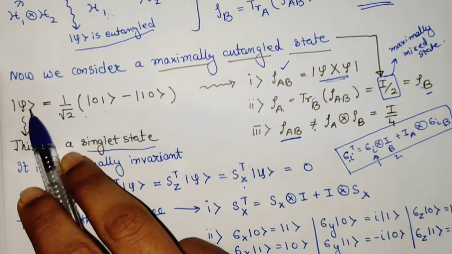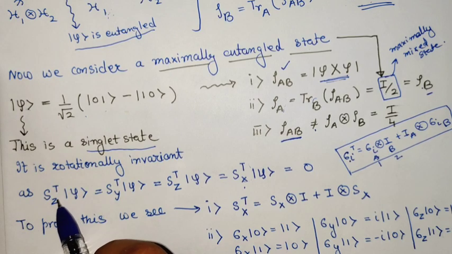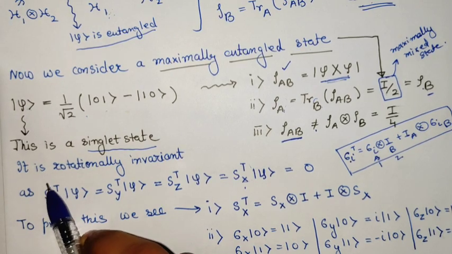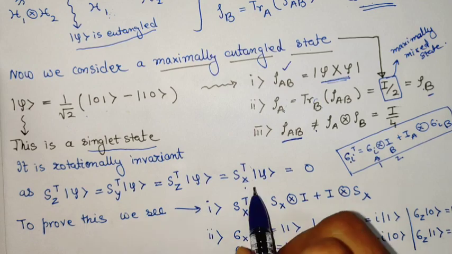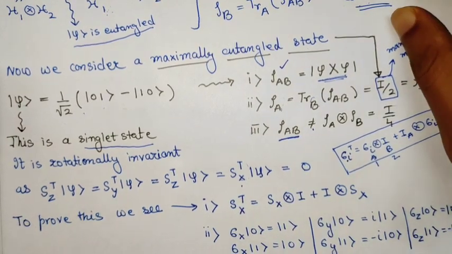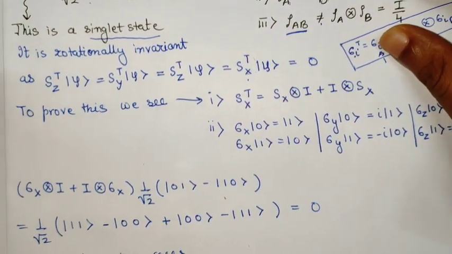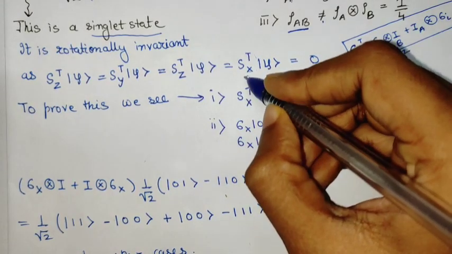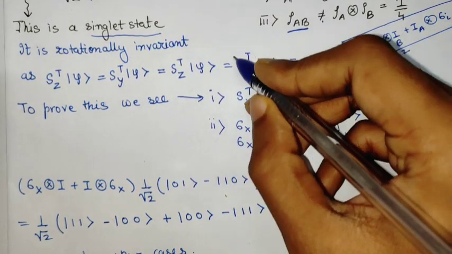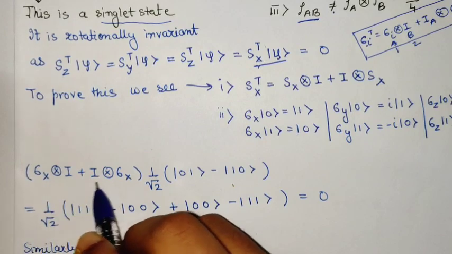And this state, which is an entangled state, has a property that the sigma Z operator, Y operator, and X operator give us 0. This can easily be proved because, suppose we want to prove this one, we can write sigma X total in this form here.